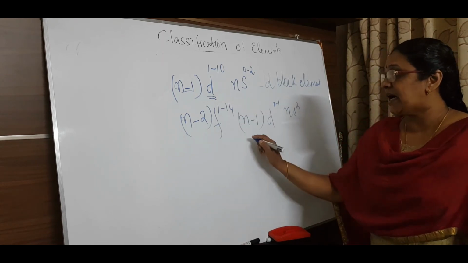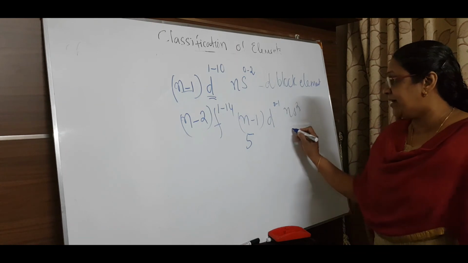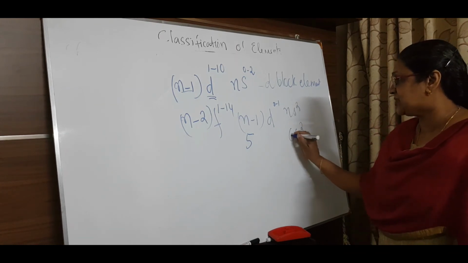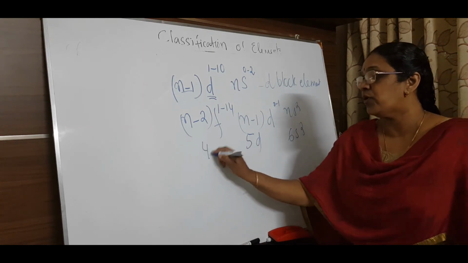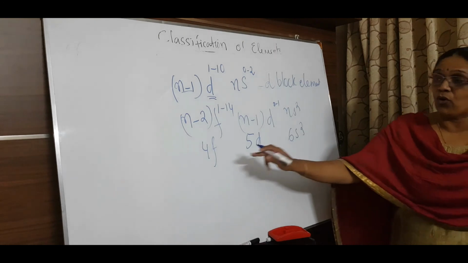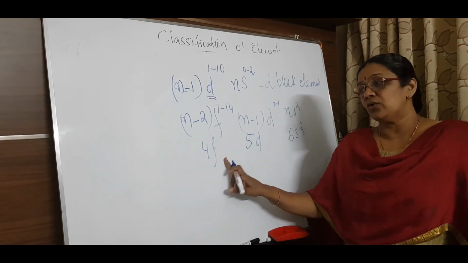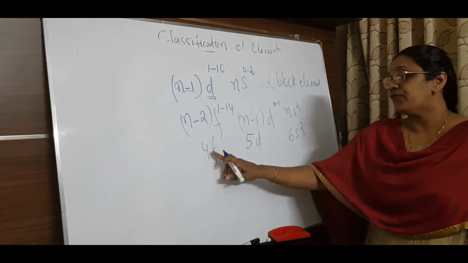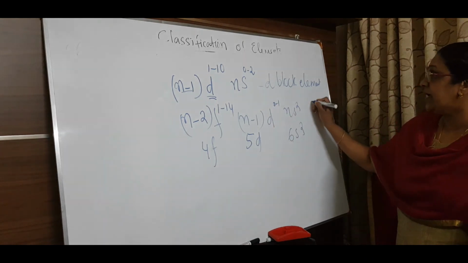For example, if it is 6s2, it is 5d and 4f, because f starts only from 4. That is, l equals 0, 1, 2, 3: s, p, d, f. So 4f, 5d and 6s. So this is the configuration of an f block element.